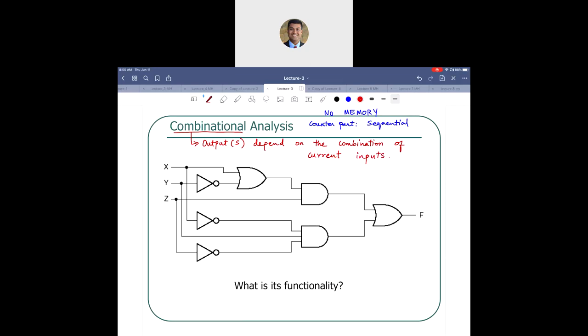What are they? In this case, tell me the values of x, y, and z, whether they are 0 or 1, and I will tell you what is f. So the output over here, in this case, our output is f, but there could be many, depends on the combination of inputs. Inputs are x, y, and z. Another way of looking at it is things are only moving from left to right. There is no feedback, there is no memory, there is no wire coming back like this, right?